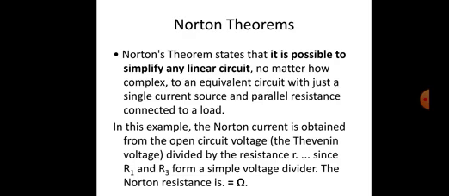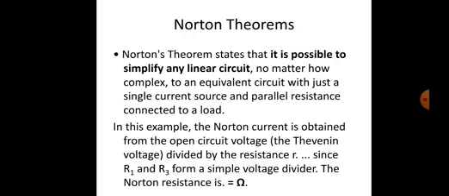In this example, the Norton current is obtained from the open circuit voltage, the Thevenin voltage divided by the resistance R. Since R1 and R2 form a simple voltage divider, the Norton resistance is equal to the Thevenin resistance.